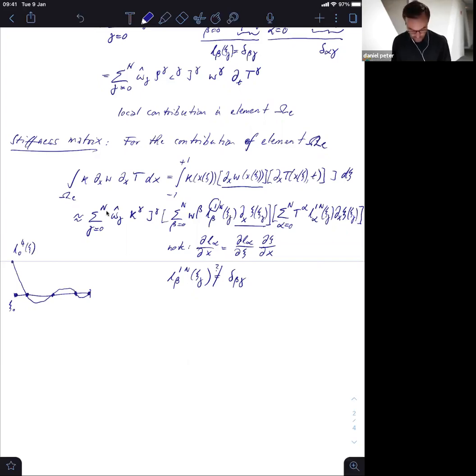But here the derivative on this particular point is certainly non-zero, and so it's non-zero on all the other GLL points. So in general, we cannot say it's zero at the particular point or not. We do have to evaluate it.